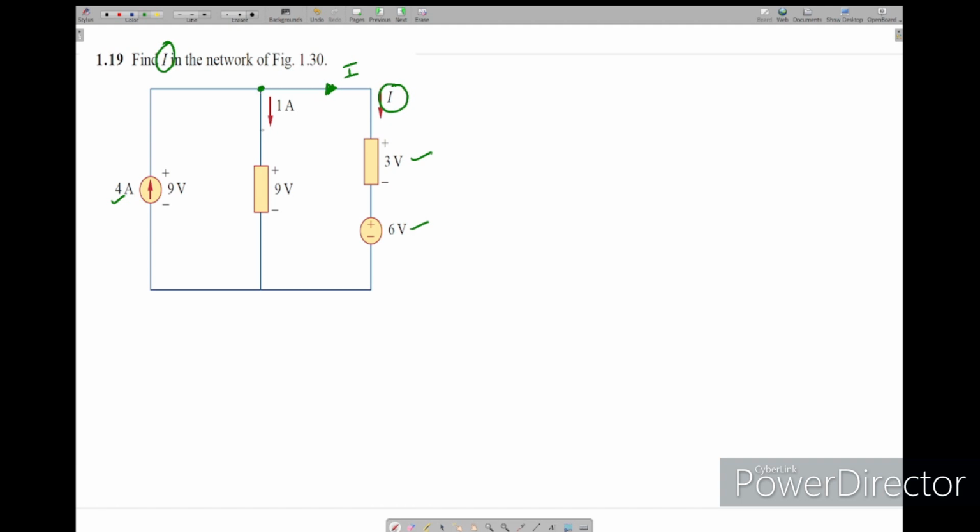Here if I apply KCL, this 1 amp is like this, and this 4 amps current is also entering at this node. Now I will take this as node A. KCL at node A: 4 amps is entering, 1 amp and I are leaving. So the sum of entering is equal to the sum of leaving.